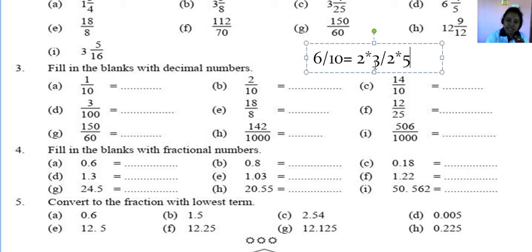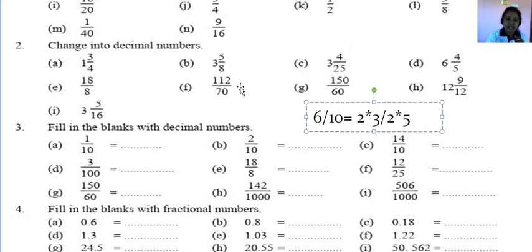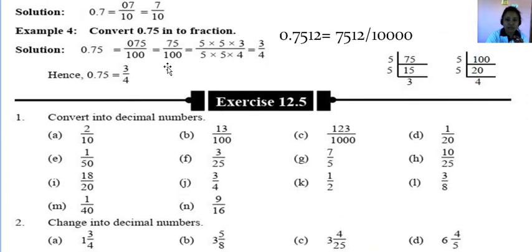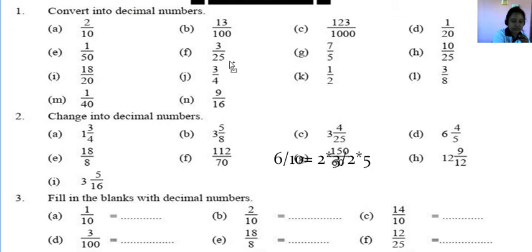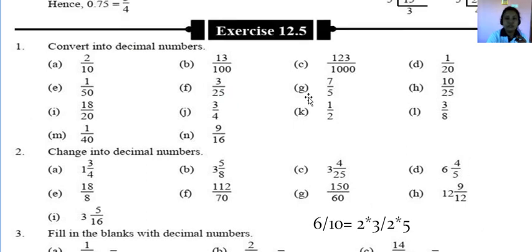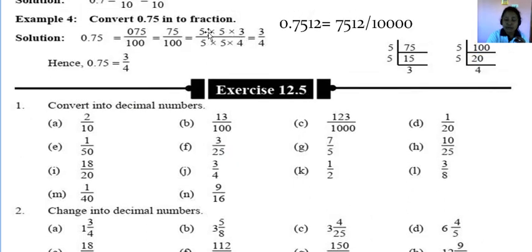This prime factorization method we have to use, and we cancel out the similar numbers, and write only the remaining ones.